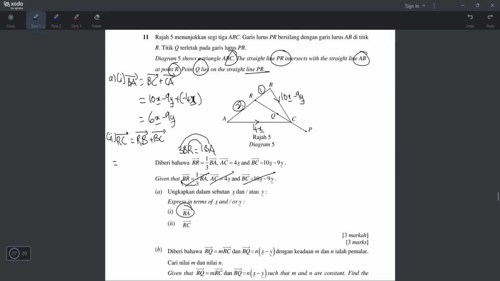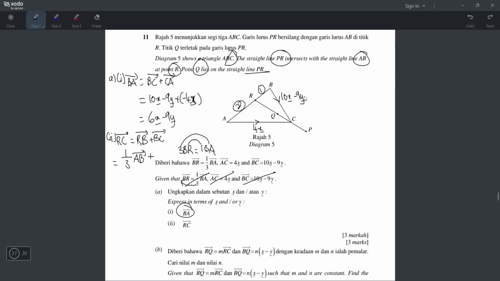Do you agree? And you have the vector AB, because just now you found BA already. AB is the same thing but you change the sign. So RB is a part of AB. What is the ratio? R to B is 1 over total 3 of AB. Not BA, AB.